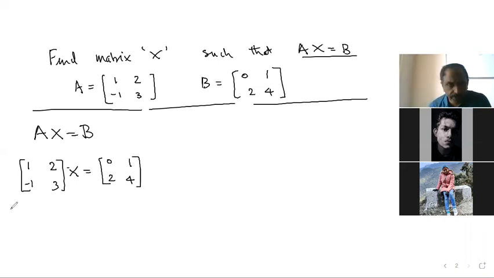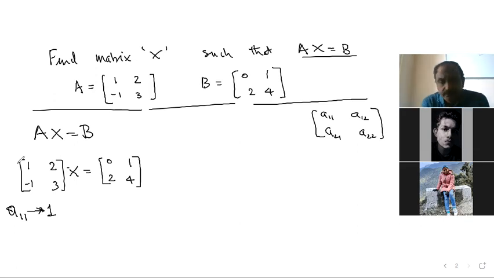Now the step number 1 is, look at this. I'm going to denote this as A11, A12, A21, A22. A11 means the first row, first column element. So A11 should be converted to 1. Now in this problem, A11 is already 1, so we don't have to do anything.